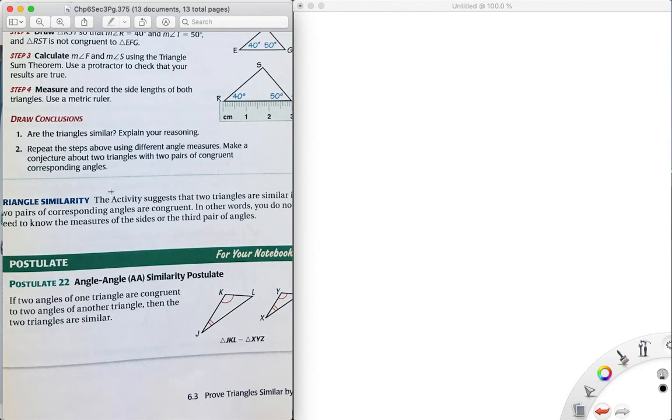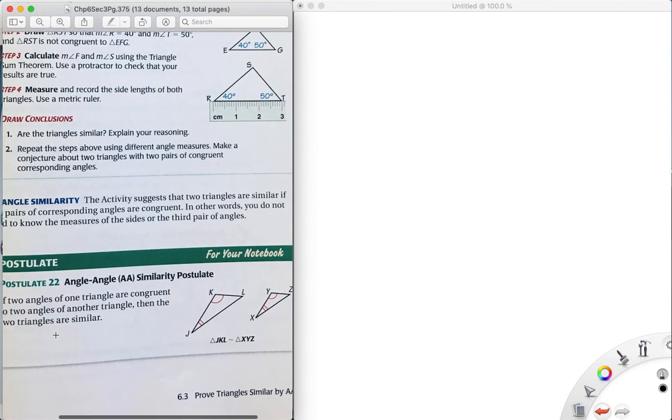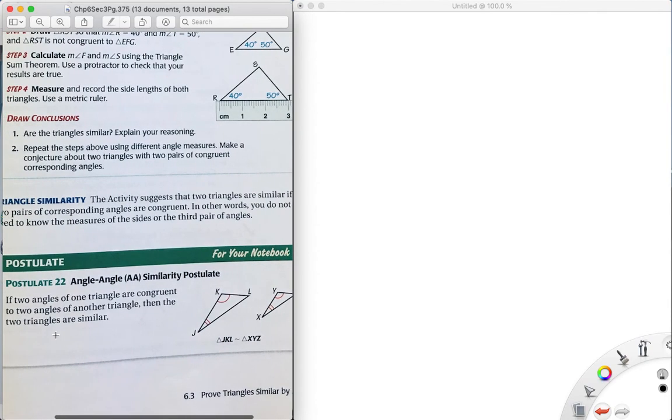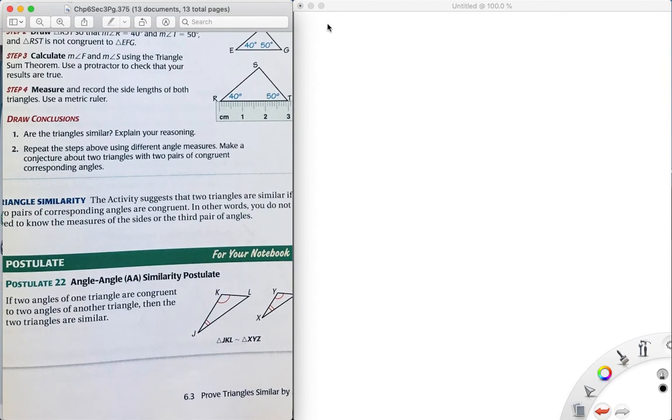What the angle postulate says is that if two angles of one triangle are congruent to two angles of another triangle, then the two triangles are similar.